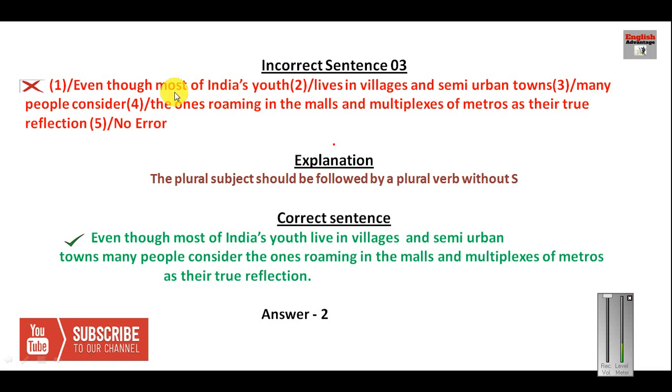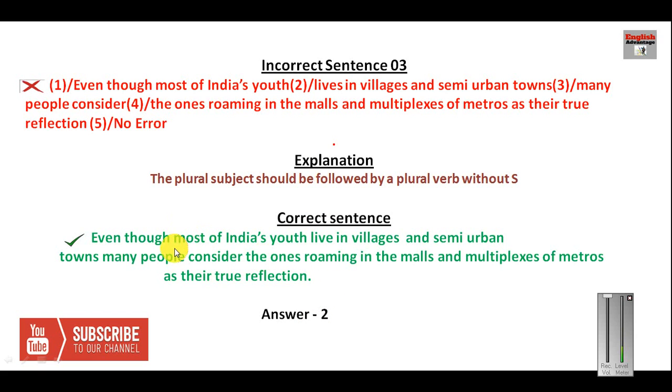So the subject is definitely plural, and we should write the verb in the plural. So this lives will not come here. You have to replace lives with live. This is the error here, and the answer should be 2.